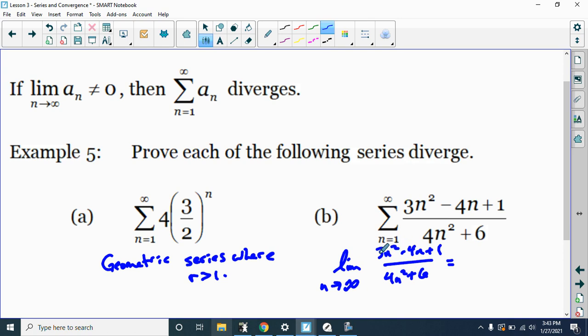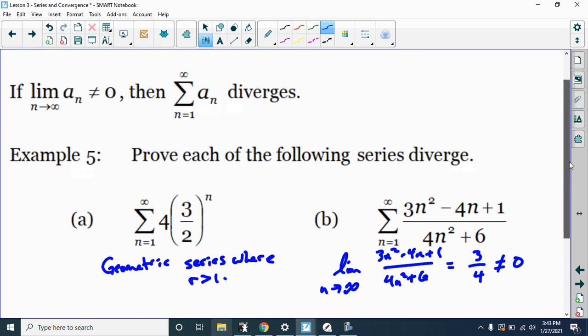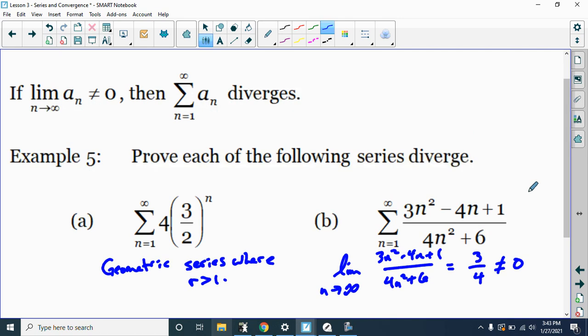Degrees are the same on the top and the bottom, so we divide the leading coefficients. Which is not 0. Therefore, based on the nth term test of divergence, the series diverges.